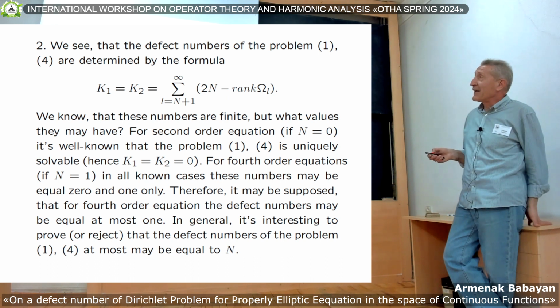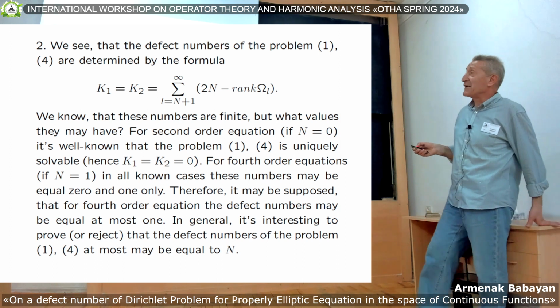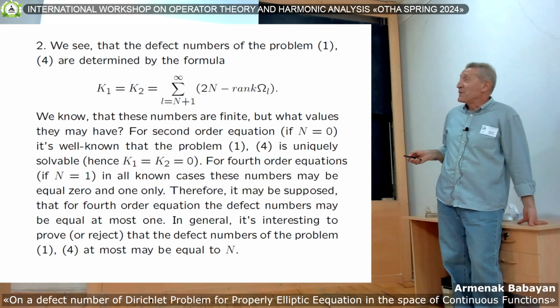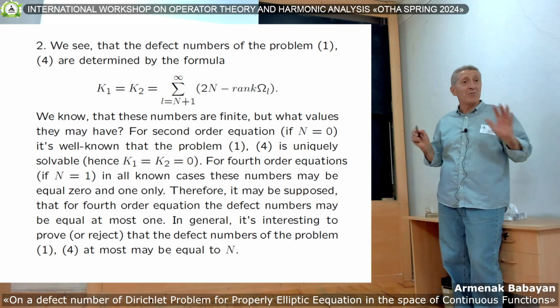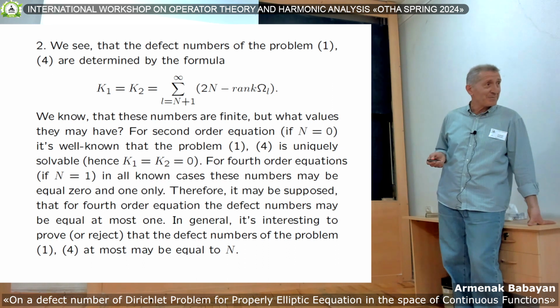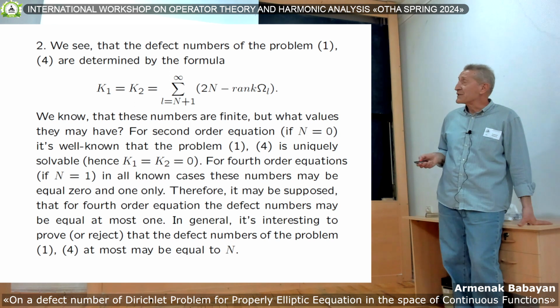For n equal 1, in all known cases, the number may be equal to 0 or 1 only. So the supposition is that in general, the defect numbers of the problem may be at most equal to n. So it's an open problem, I don't know about it. So that's all I must say.